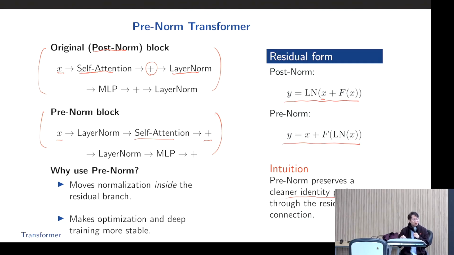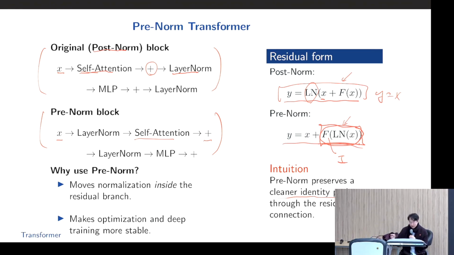Suppose it's unnecessary. Then you still have an option here: this can become an identity function through gradient descent if it doesn't add much benefit. So at least you preserve the input. But here, it's more difficult with the layer norm outside for this whole thing to become an identity, meaning y equals x. So here, it's much easier for this to be identity. That's one way to look at it.